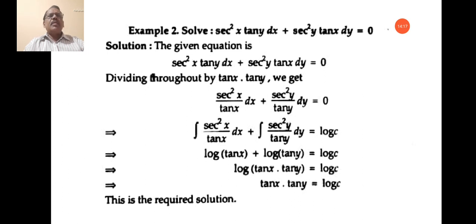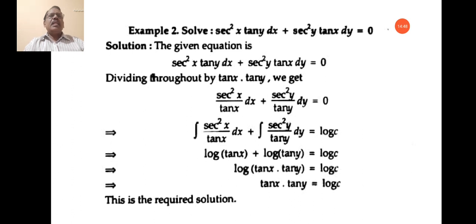For this, we divide the equation by tan x tan y. We get sec²x/tan x dx + sec²y/tan y dy = 0. After integration on both sides, integral of sec²x/tan x dx plus integral of sec²y/tan y dy is equal to log c.